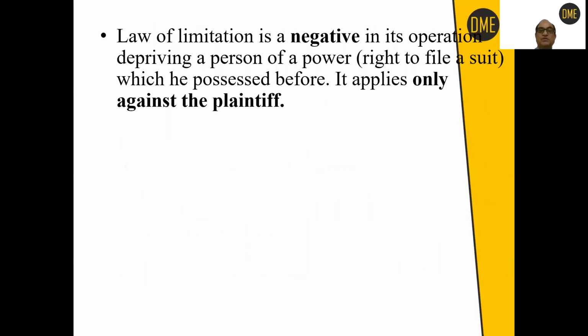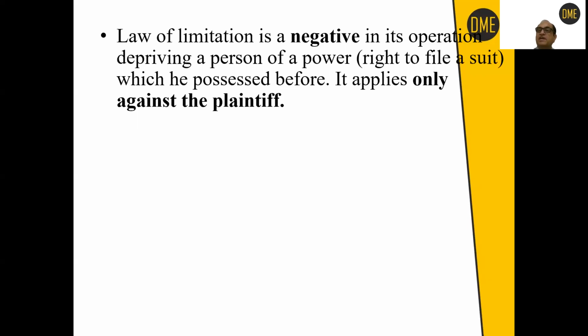And in the beginning, I told you that the law of limitation is a negative remedy, and in its operation it deprives a person of a power which he possessed before, the right to file a suit. If my right to file a suit has expired, because I was not vigilant throughout the period of limitation counted from the date of the cause of action, then the Limitation Act applies against me as plaintiff.